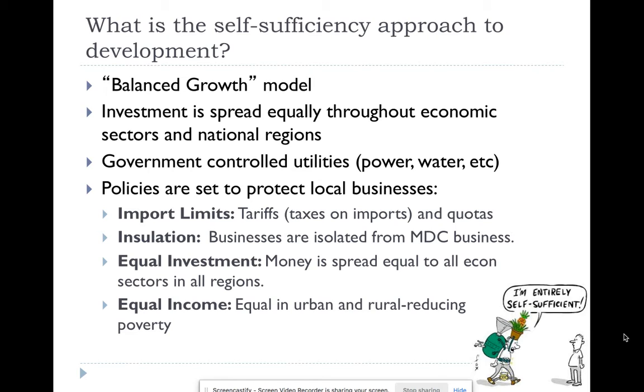And then we also see the equal income, meaning equal in urban areas versus rural areas. So the goal of trying to equalize both of those is to reduce the poverty that we tend to see in rural areas as well, and urban areas, depending on what country you're talking about.